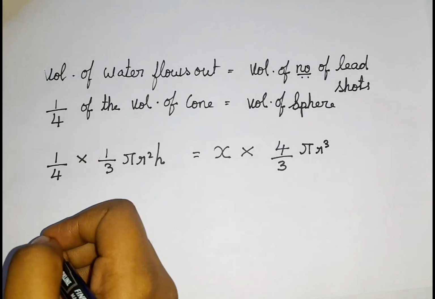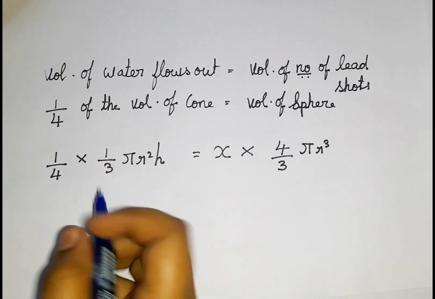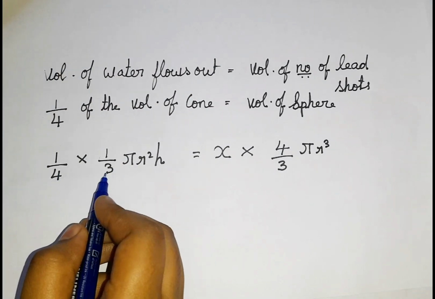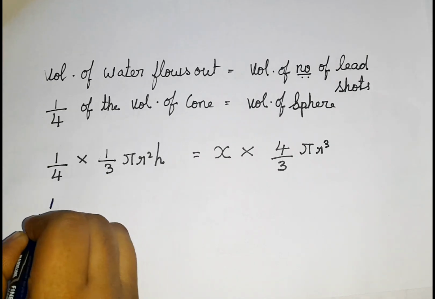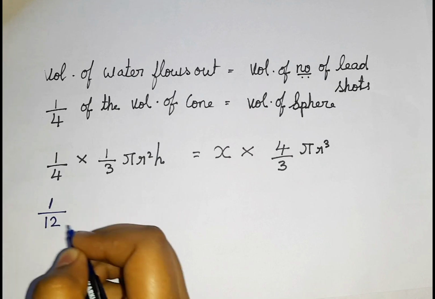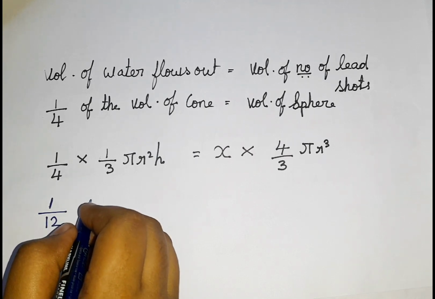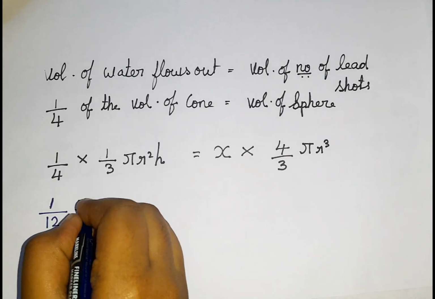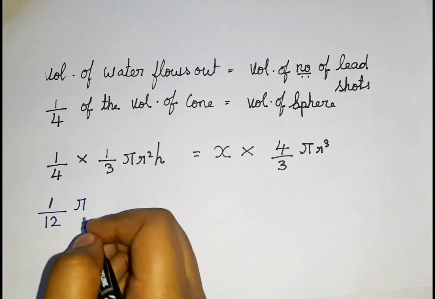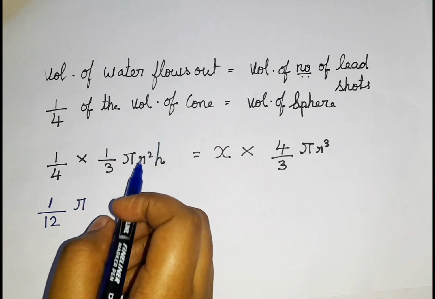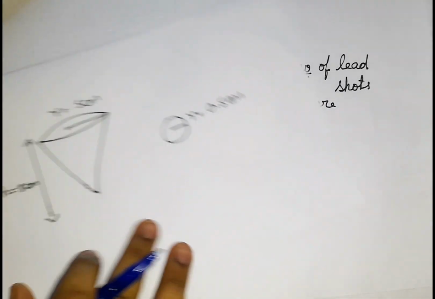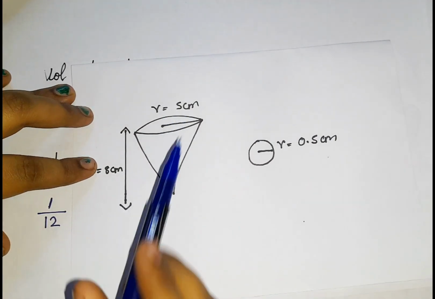When we multiply 1/4 into 1/3, that is 1/12, and the pi value we can keep as it is, because then only it will be useful for us. Then what is r square, I mean, what is the radius of the cone? The radius of the cone is 5 centimeter.